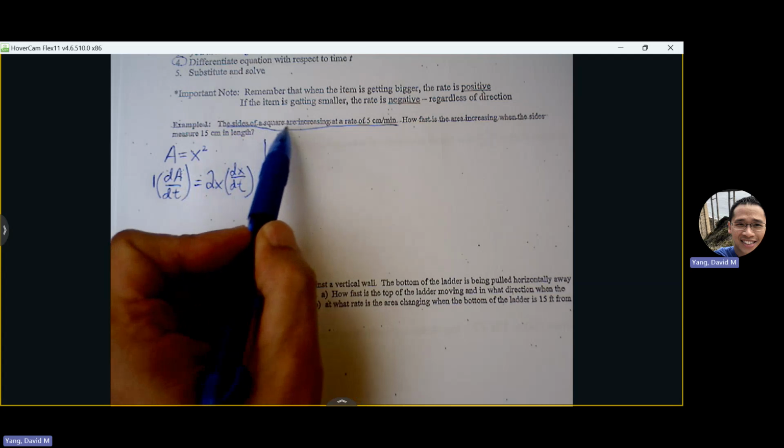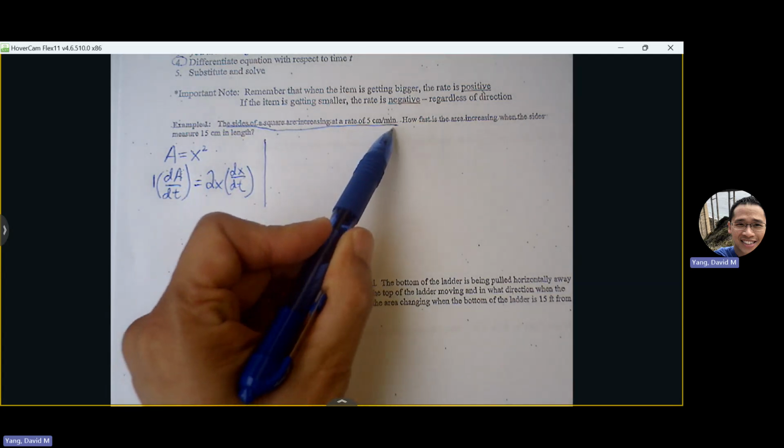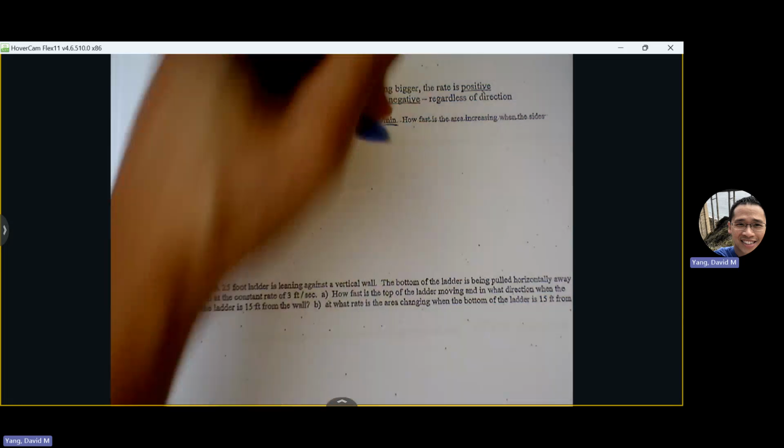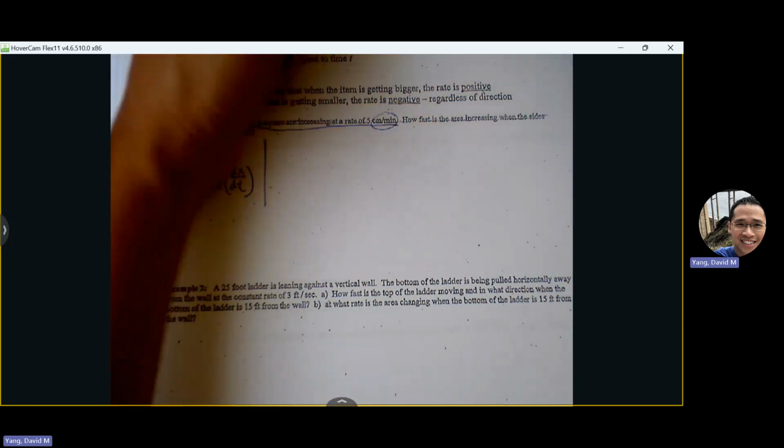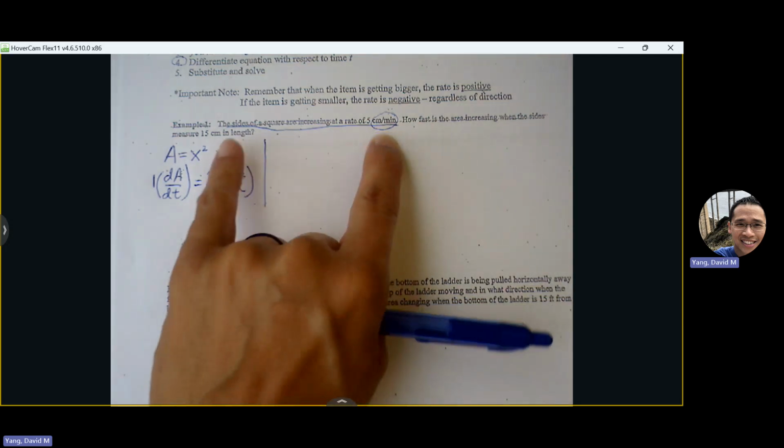You see the words increasing, you see the word rate, you see the word centimeters per minute. So that's a big hint. So our units are going to be a big help for us, because we're going to look at the unit and be able to quickly decide, okay, I see a time component, so it's got to be some time related variable. So we know that dx dt is going to be positive 5.